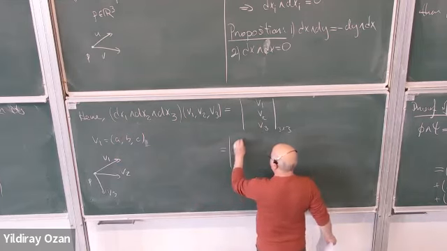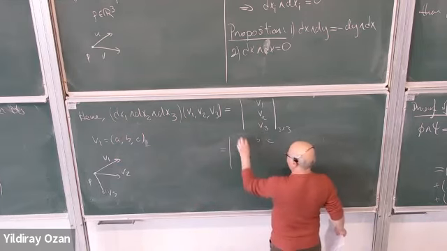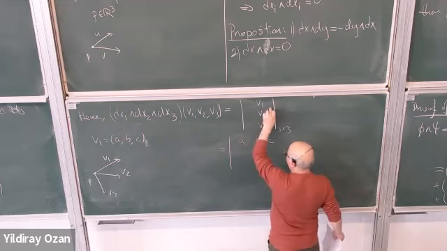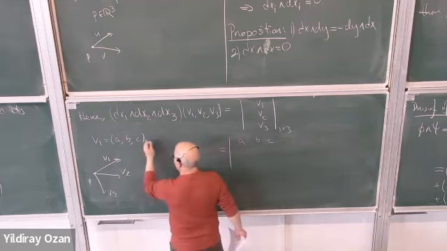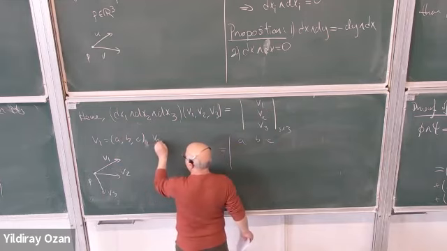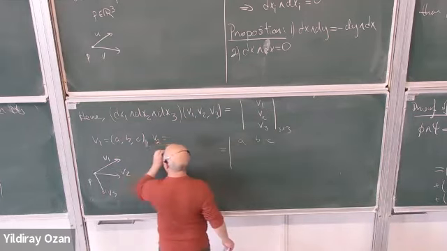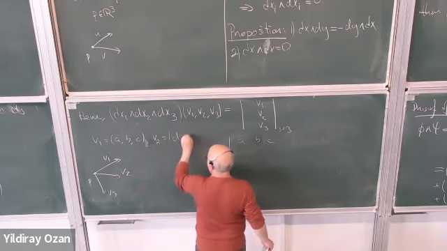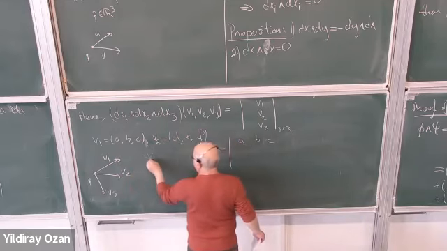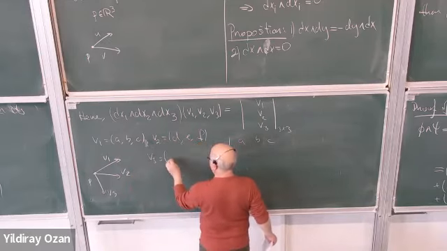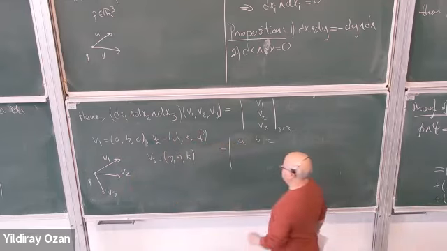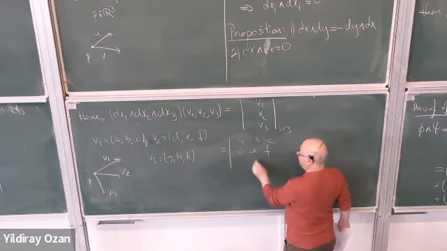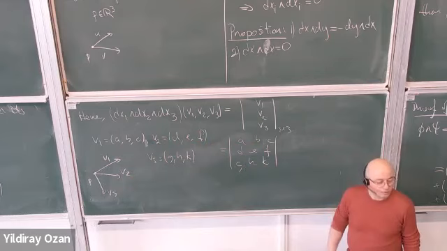The definition is you write the first vector, A, B, C, and then let's say V2 is D, E, F, and V3 is G, H, and K. So D, E, F, G, H, K, and you just take this determinant, okay?